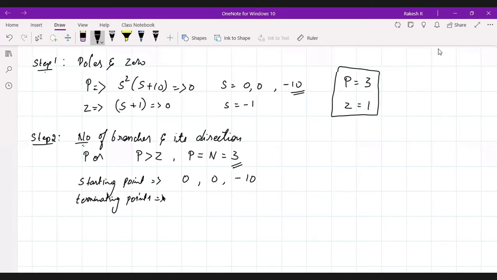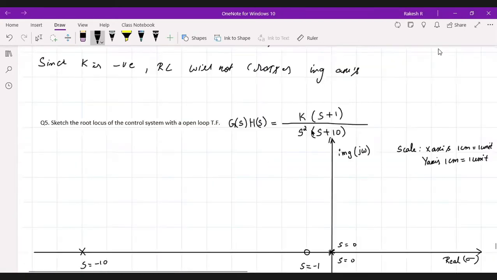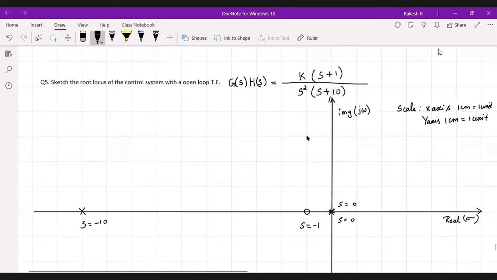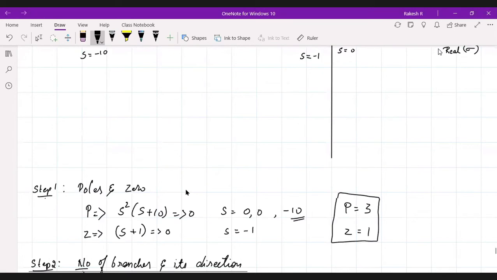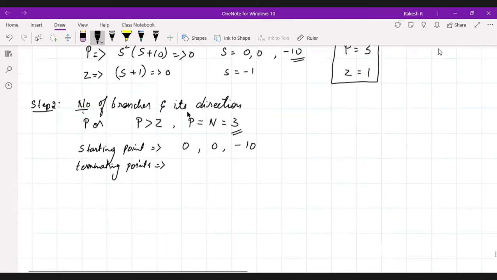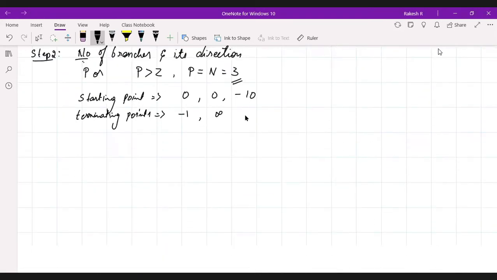We have a zero at s equals minus 1, that is one terminating point. The other terminating point is at infinity. These are the terminating points here.